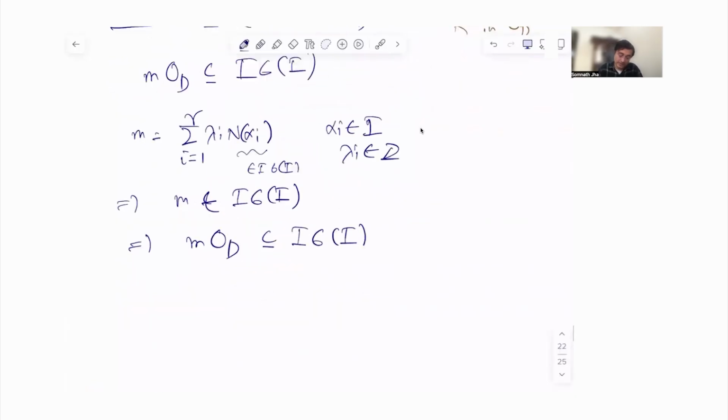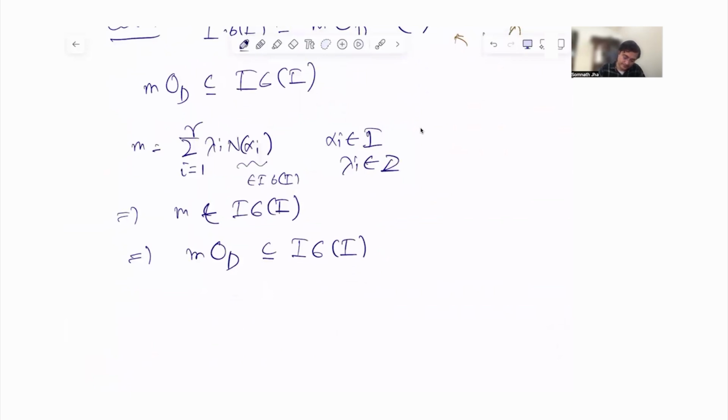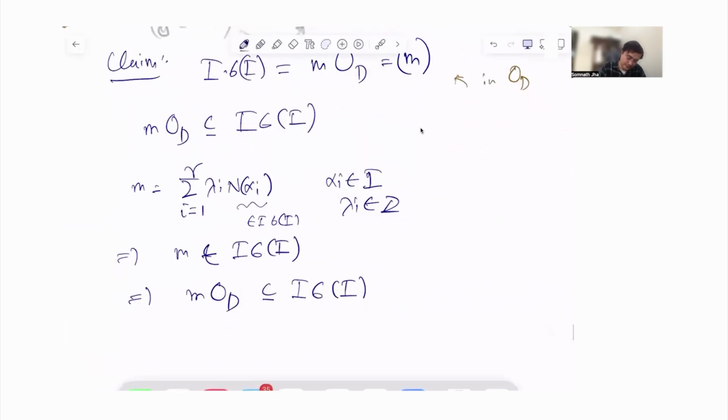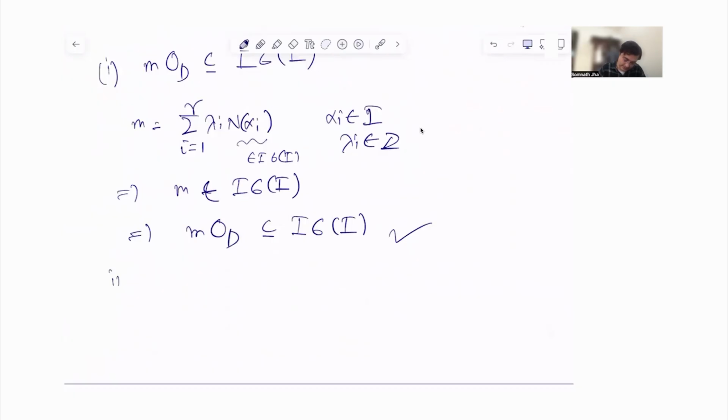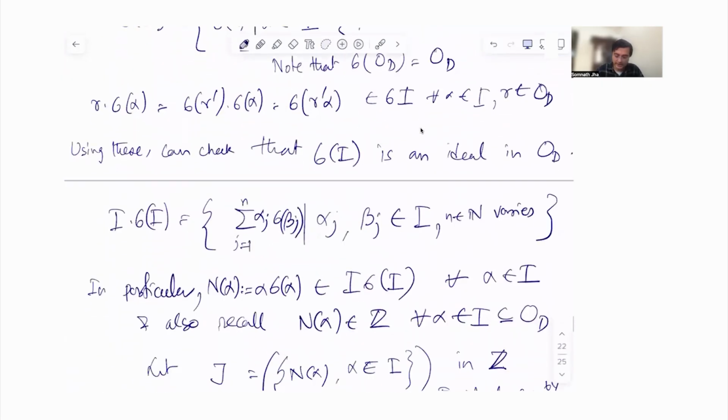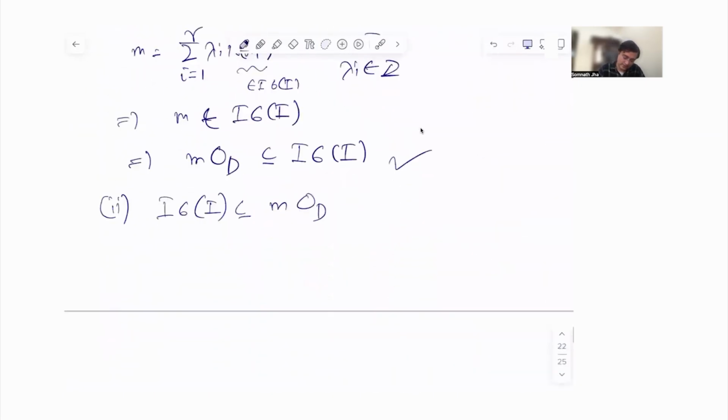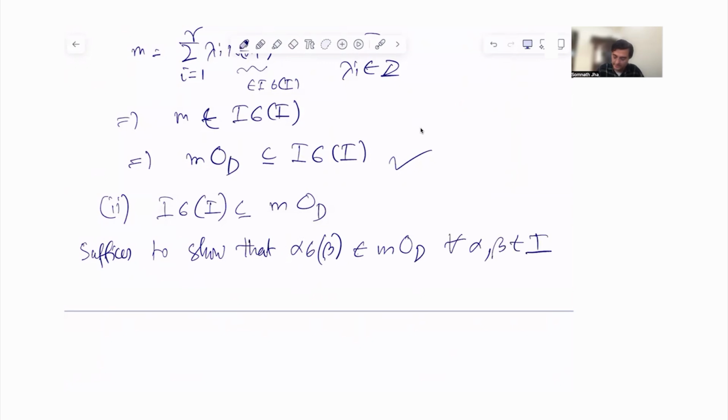Now the other way. Second, I times sigma I is contained inside M O_L. Again, I times sigma I is generated by elements of the form alpha times sigma of beta, where alpha, beta belong to I. It suffices to show that alpha times sigma beta belongs to M O_L for all alpha, beta.